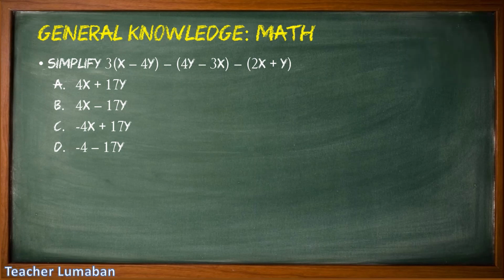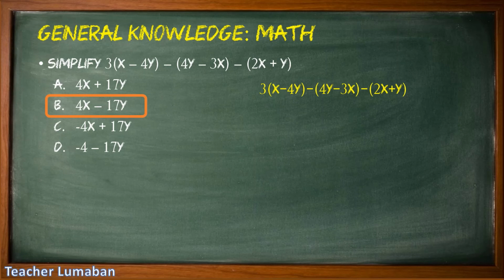The correct answer is letter B, 4x minus 17y. The simplified form of 3x minus 4y, minus 4y minus 3x, minus 2x plus y, is 4x minus 17y. Let's simplify step by step. Distribute the negative sign.